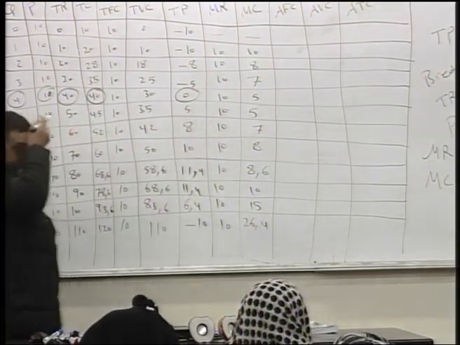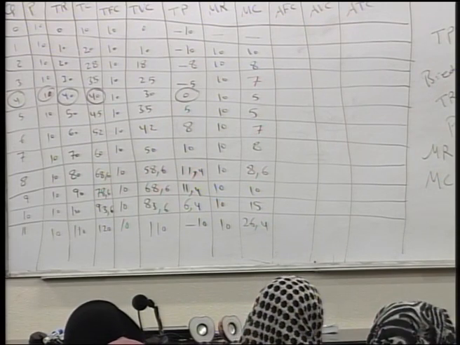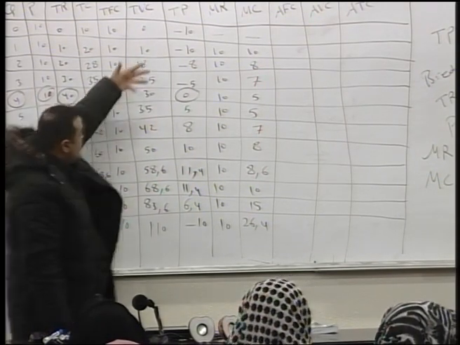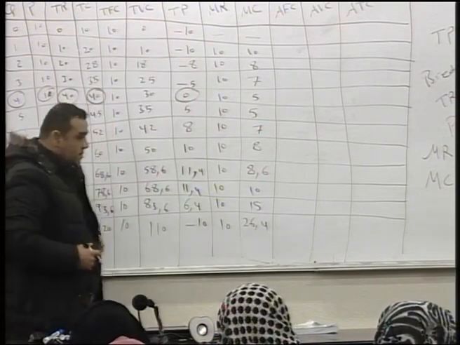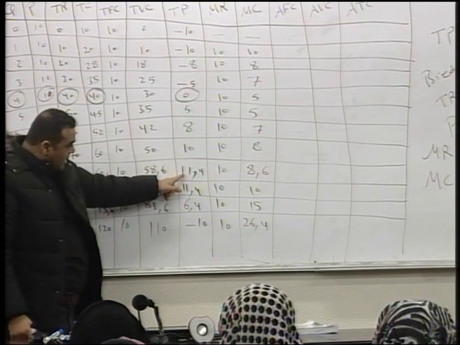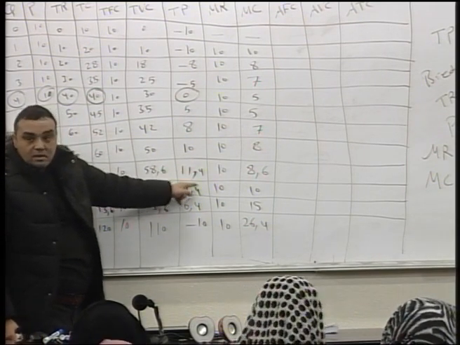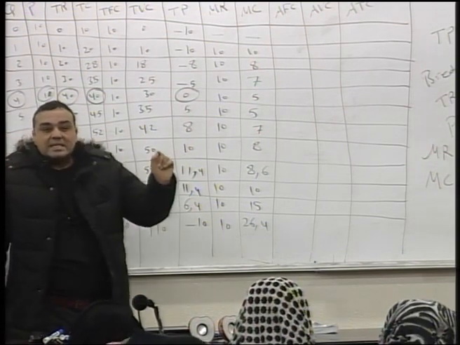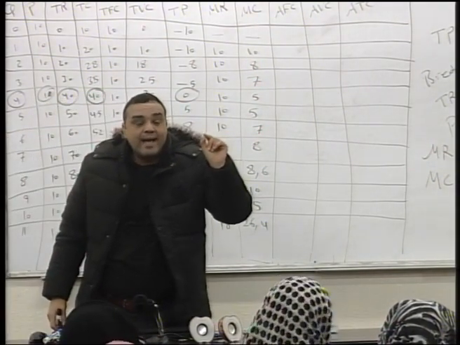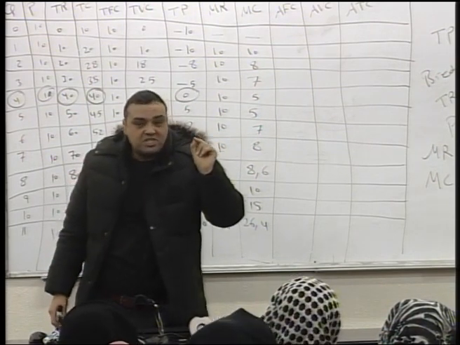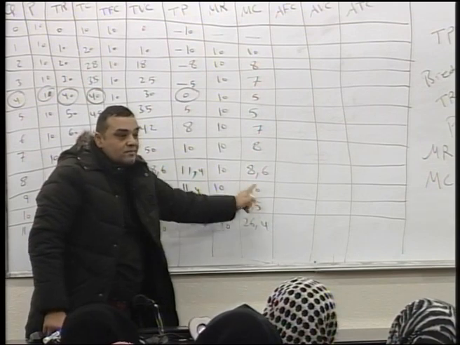Okay. Where's the highest total profit? Where is the highest total profit? 11.4, right? The best point is the point at which marginal revenue equals the marginal cost.